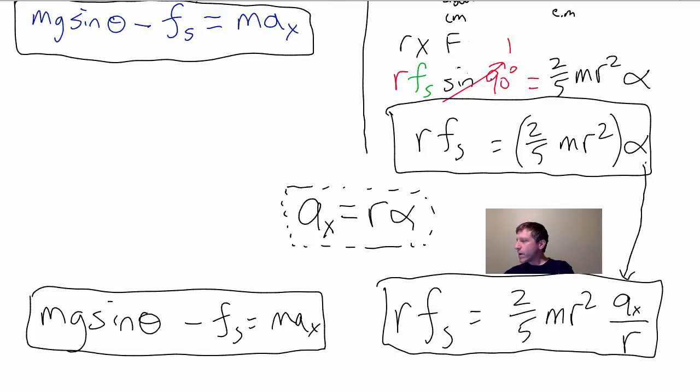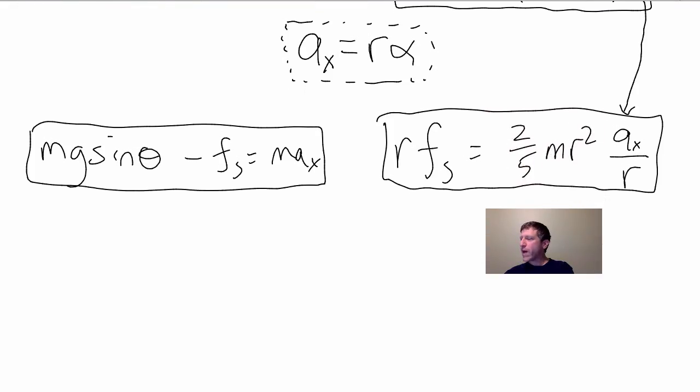Now, a couple things we might want to do before we do that is just simplify one more time. Notice that this R cancels that R, okay? And then we have these 2 R's, which also cancel. Hey, cool. Notice that we're left with Fs, the force of static friction, is 2/5 max.